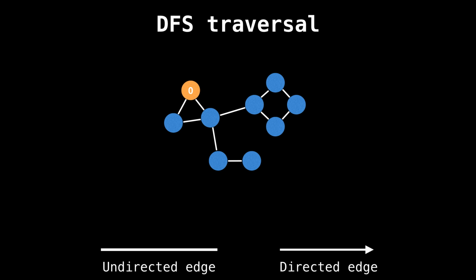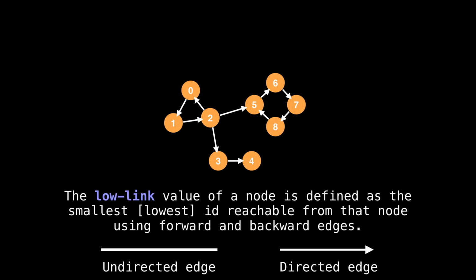So let's finish off our depth-first search. So explore all nodes, transforming undirected edges into directed ones and marking off nodes as visited. So that would conclude our depth-first search.